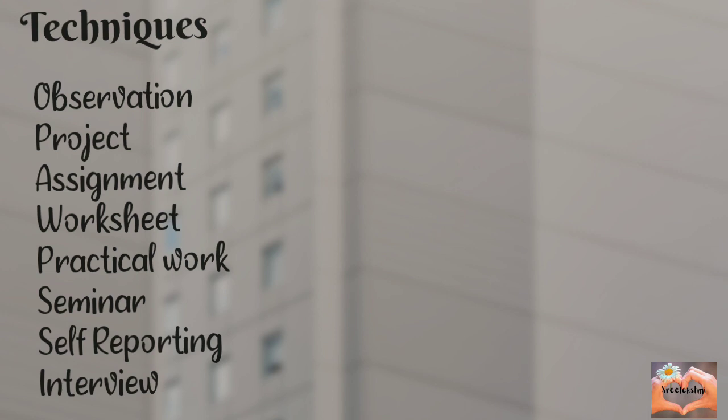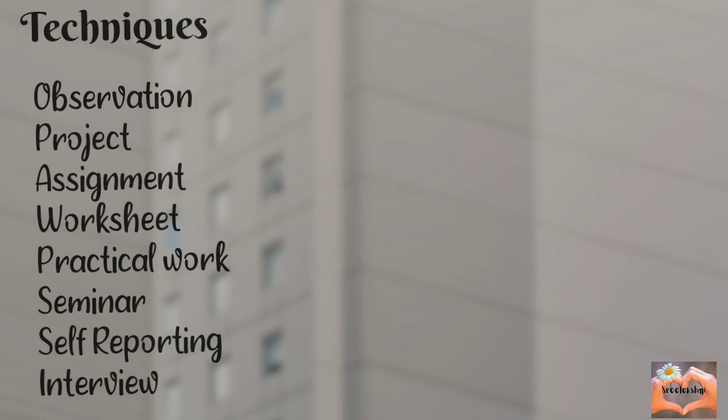Self-reporting is a type of survey, questionnaire or poll. Here, the proper responses will be recorded by the subjects or the interviewee.